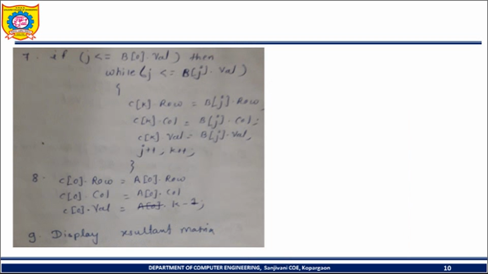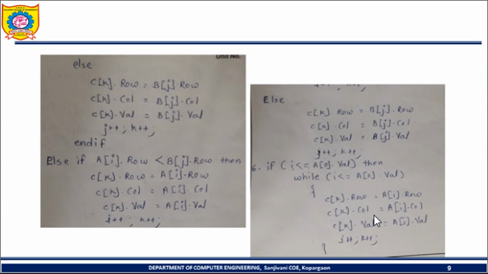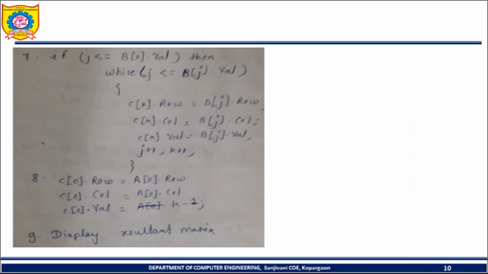If A is remaining, then we take the while loop and complete all the remaining rows of the A matrix, copying them into the resultant matrix. If B is not completed, then we take the while loop and copy all the remaining rows of the B matrix to the resultant matrix.